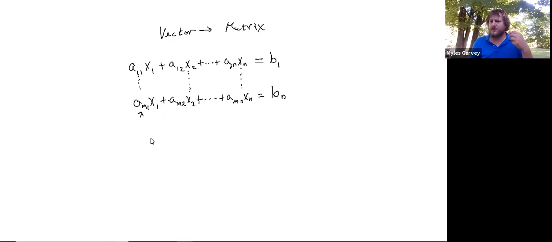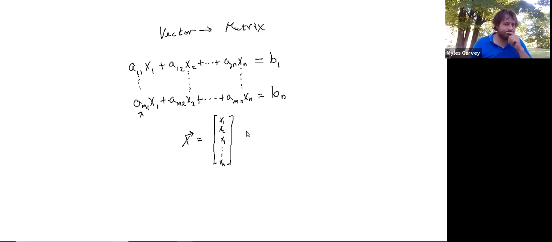Now, there's two ways to represent these, and I'll get into all the intricacies of this. But let's suppose that we let x with an arrow on top represent the following, and I write in this little bracket x1, x2, x3, xn.